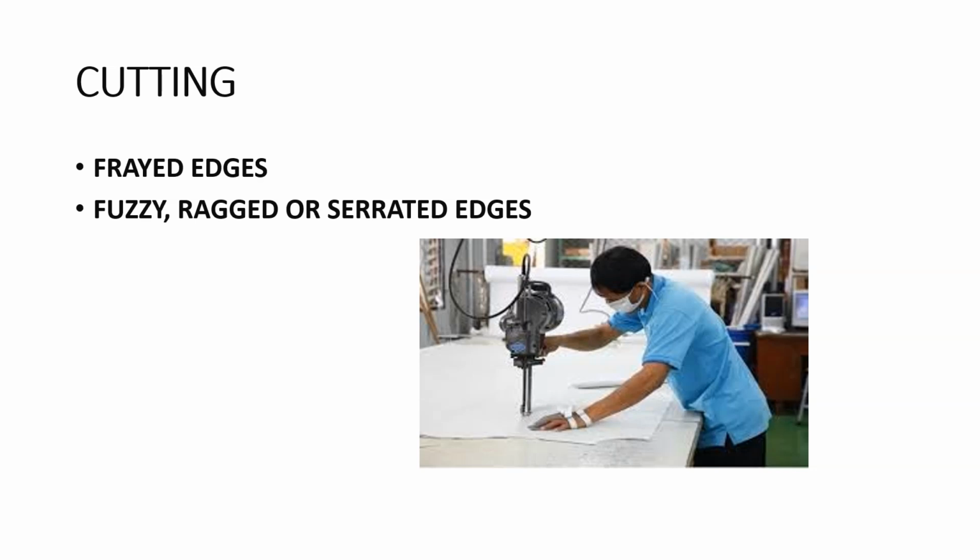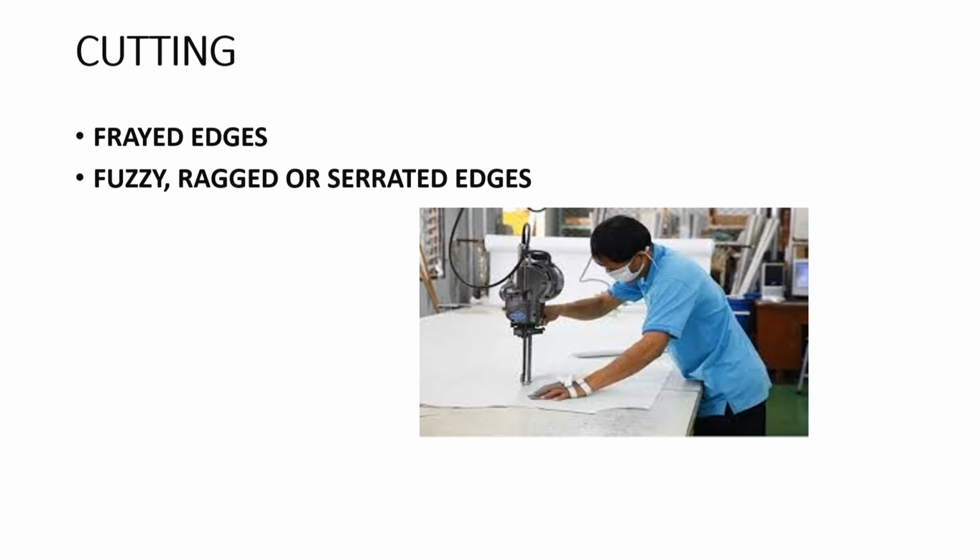So if pattern making is correct, then the cutting also will be correct in this operation. We have to see that frayed, fuzzy, ragged or serrated edges should not be there in this operation. We also have to see that ply to ply fusion should not be there.